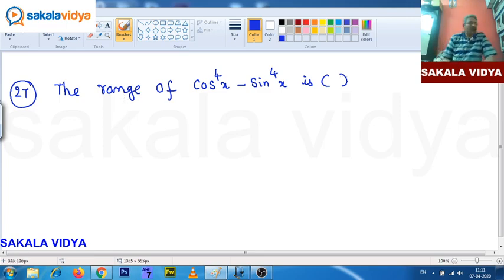Okay, now I asked for the range, Madhurima. See, range means extreme values.